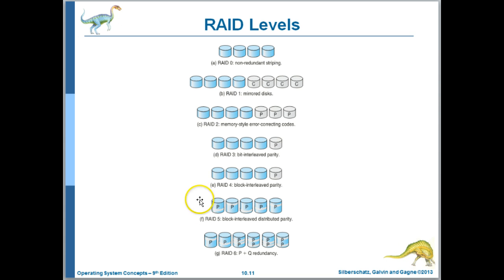And then finally, we have RAID 5, which for every 5 blocks of data only 4 are actual data blocks. The 5th is a parity that allows us to detect and recover from errors.